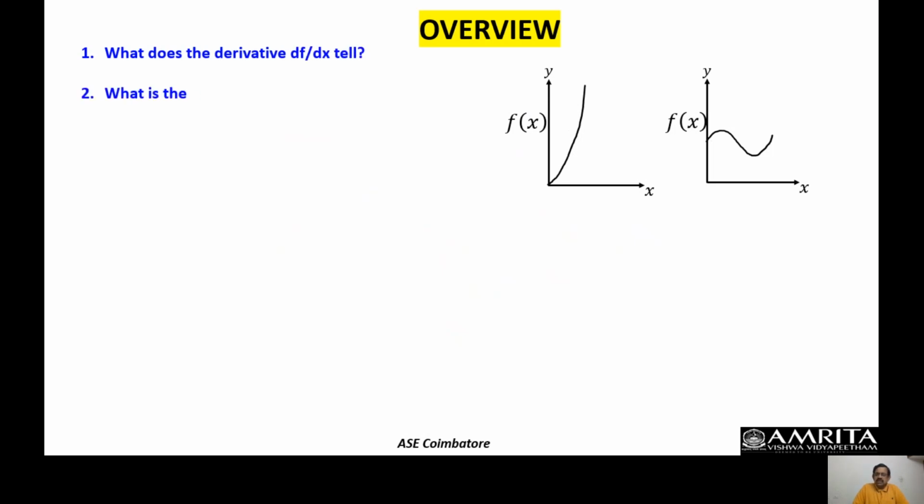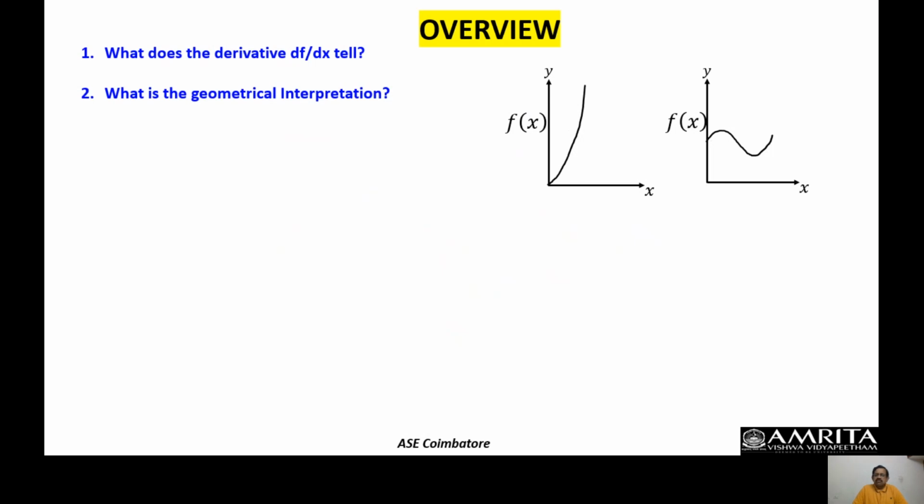when I change x by a certain amount, how much the function is going to vary. That is what is known as the derivative. The derivative is nothing but how much change I can expect in the function when I incrementally change the value of x.